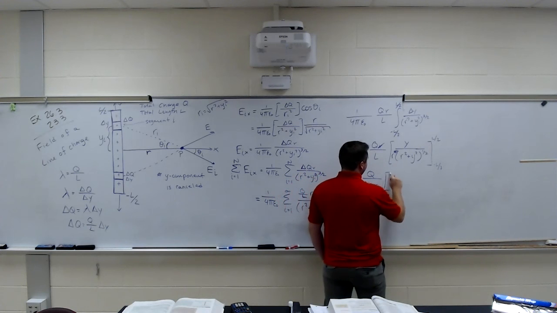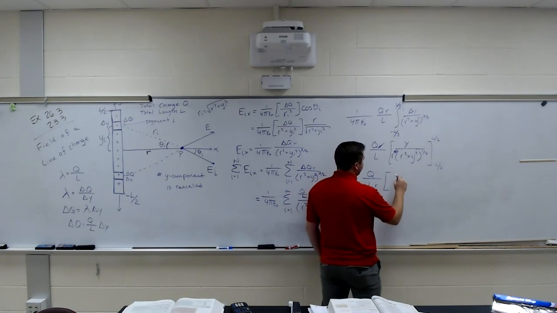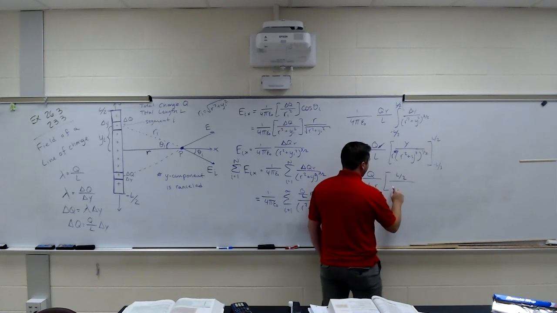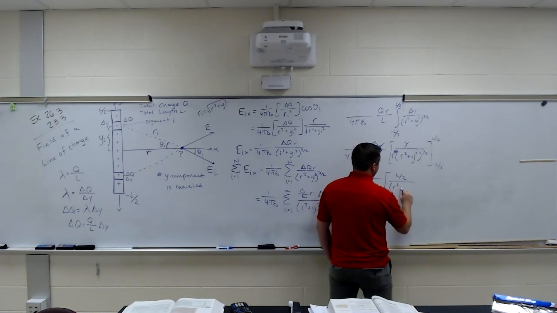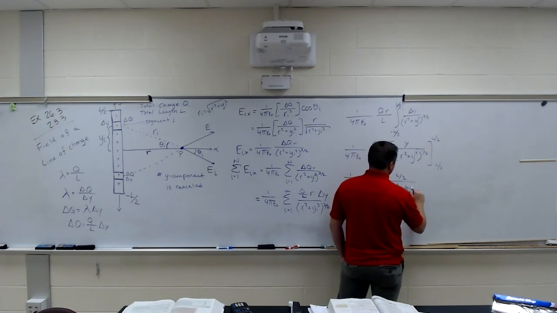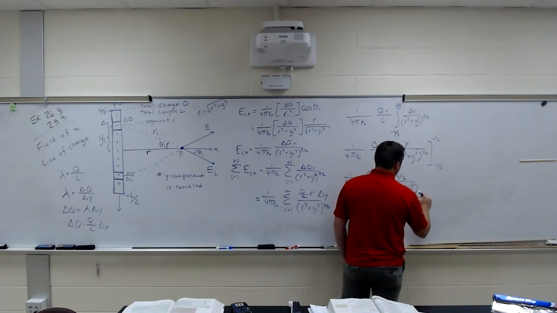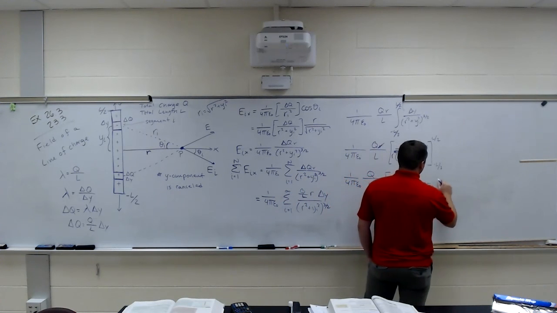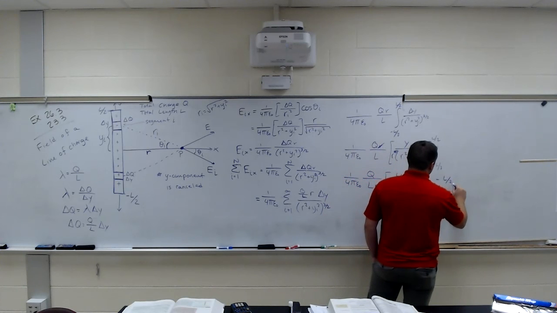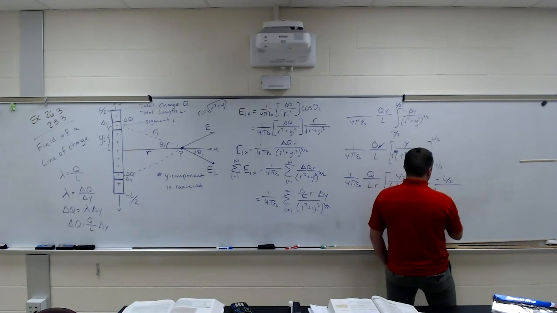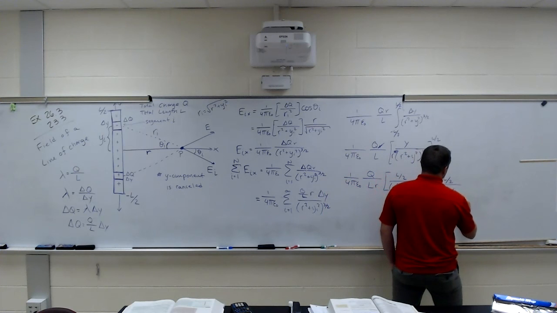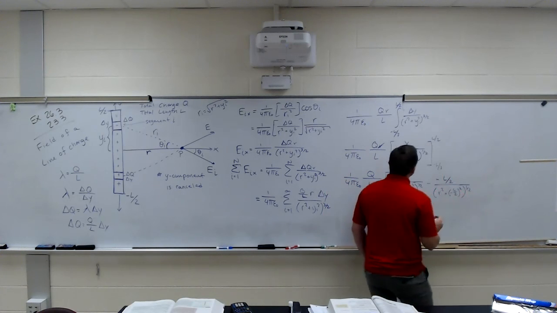And then here, when we plug in L over 2 and negative L over 2, we get L over 2 divided by R squared plus L over 2 squared to the 1/2 minus negative L over 2 over R squared plus negative L over 2 squared to the 1/2.